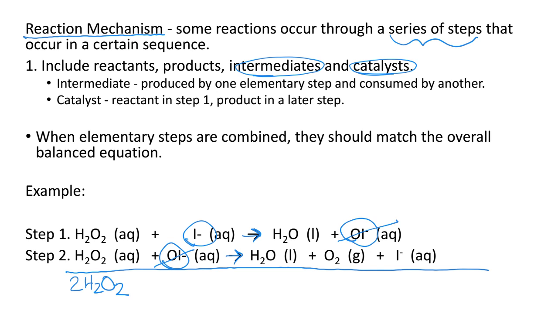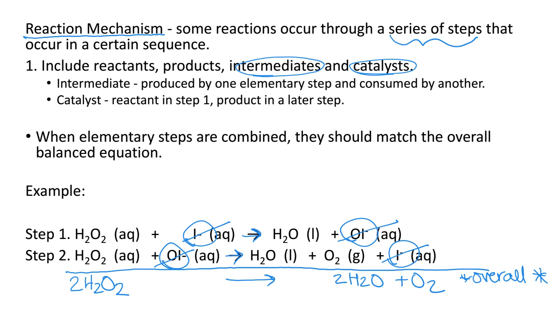I also have an I minus on the left and an I minus on the right, so those are going to cancel. What I'm going to get on the right side of my arrow is 2H2O and then O2, and all of the other things cancel. So my overall reaction is 2H2O2 gives me 2H2O plus O2. This is my overall reaction based on the series of steps.